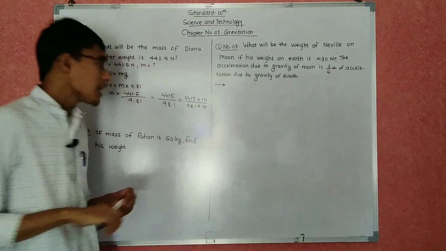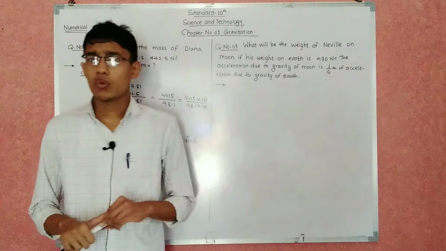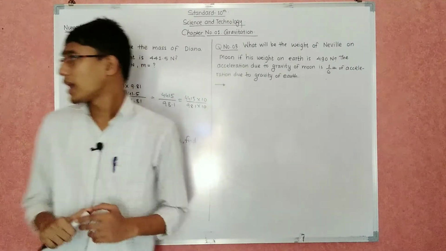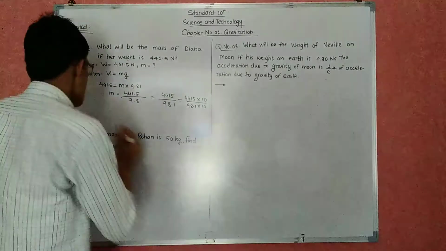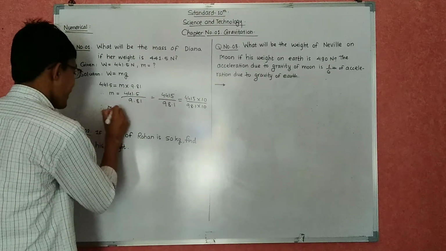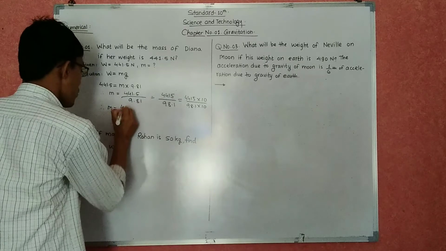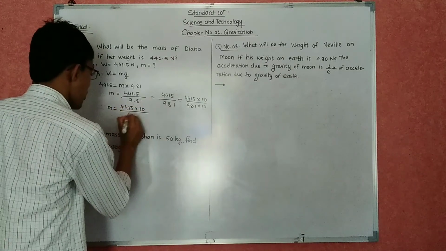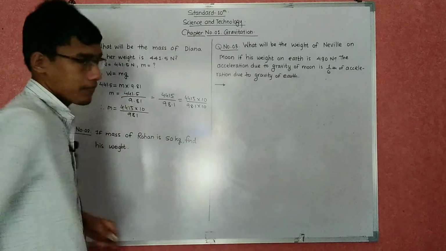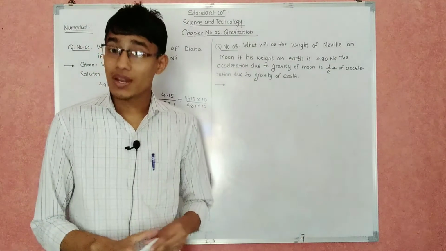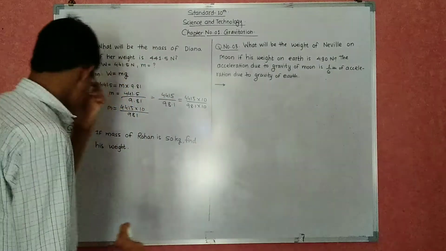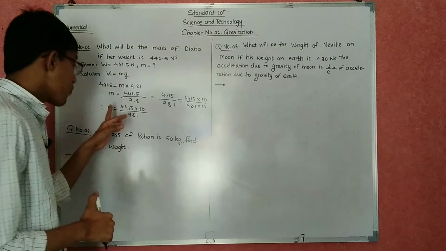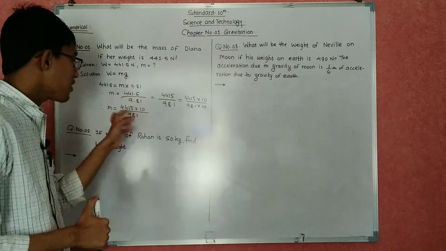After multiplying 98.1 by 10, we are going to get 981. So therefore mass is equal to 4415 into 10 upon 981. Now we have to divide this: 4415 divided by 981.